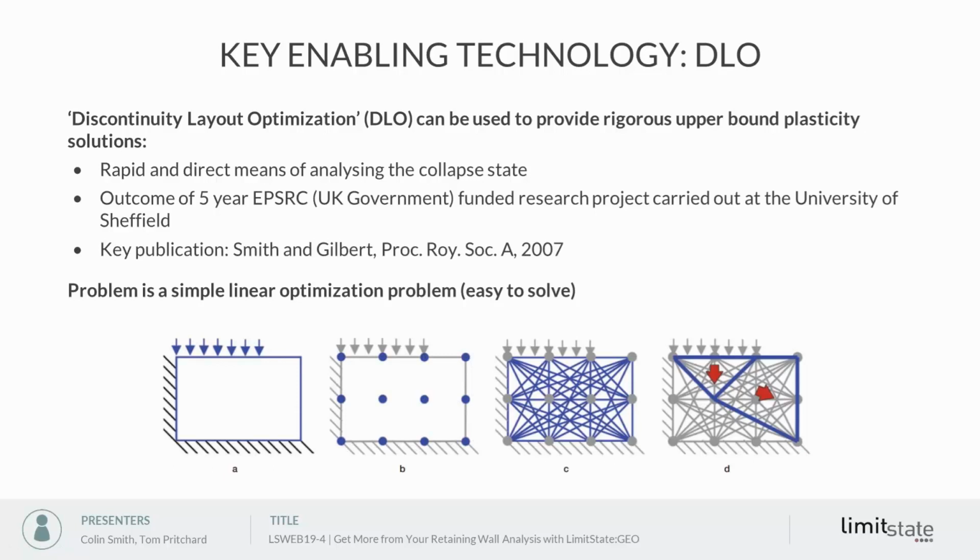Now, that's a very simple problem. Generally, we're going to solve problems with 500 or 1,000 nodes, which can deal with millions of potential slip lines and billions of potential combinations of those slip lines to give us mechanisms. Essentially, the more nodes we have and the more potential slip lines, the more scope the software has to determine a failure mechanism.